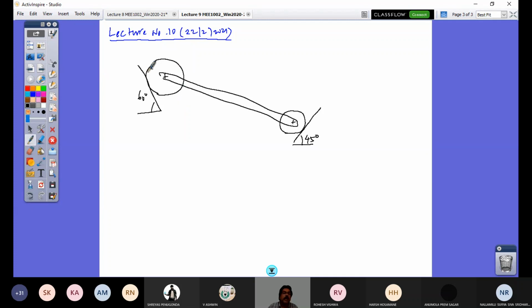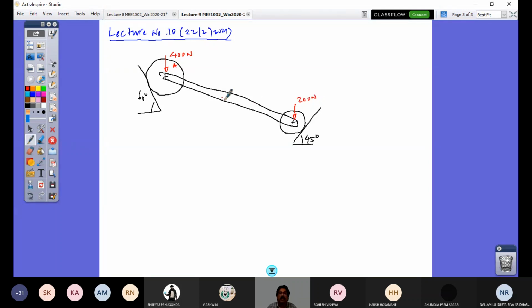The weight of this bigger disc, disc A, is 400 Newton, and this other disc weighs 200 Newton.